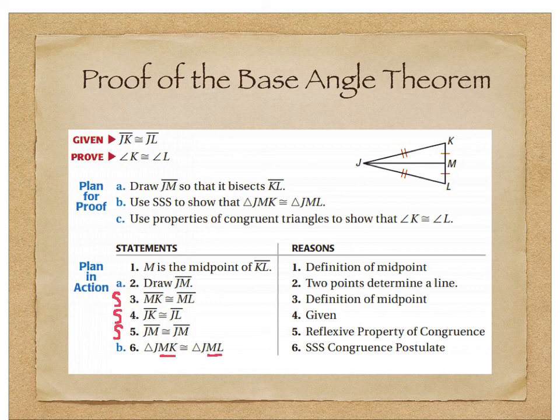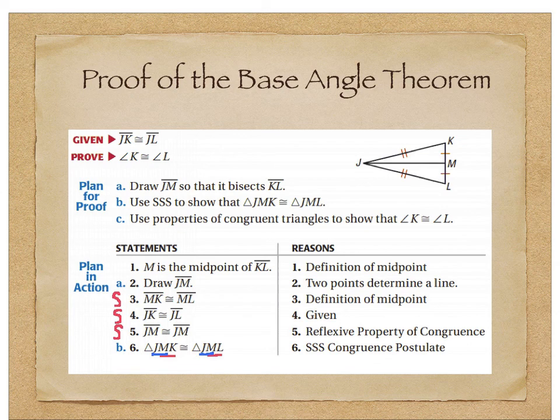So we have to write those two letters together on each triangle. Then we also knew from the reflexive property that JM was congruent to JM.